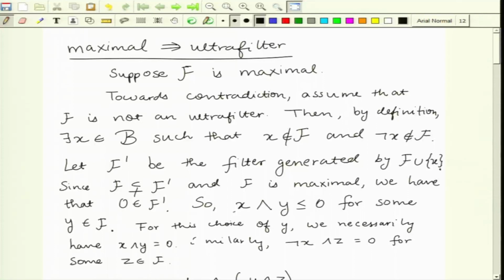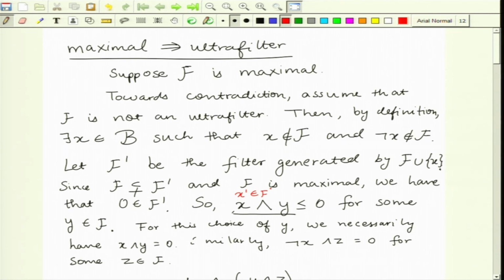Now here, notice that we have chosen x to be one of the elements that we meet. That is because if we had chosen some other element, say x dash inside our filter instead, then the meet of those elements would belong to F itself by the definition of a filter. And so, talking about y instead of x?